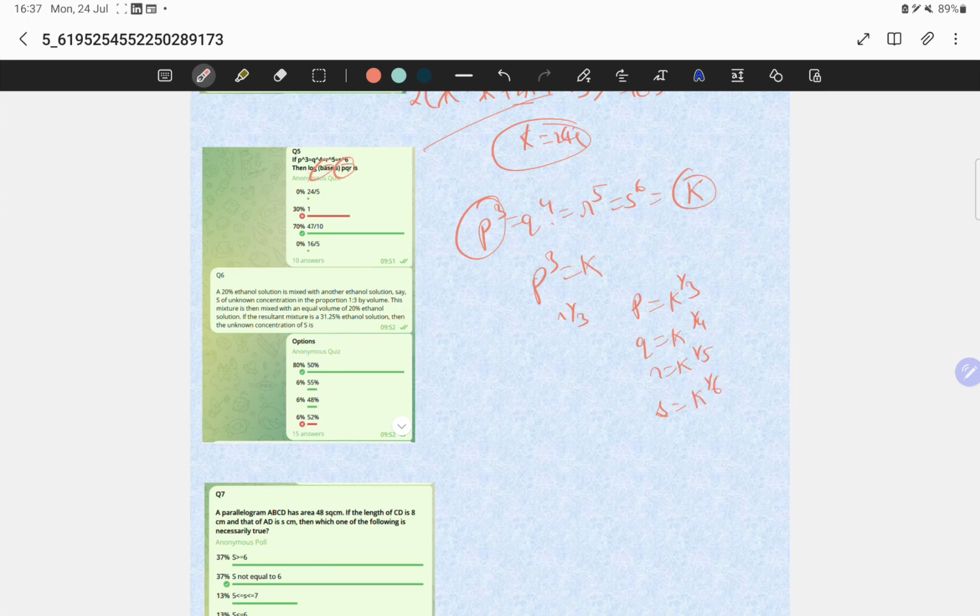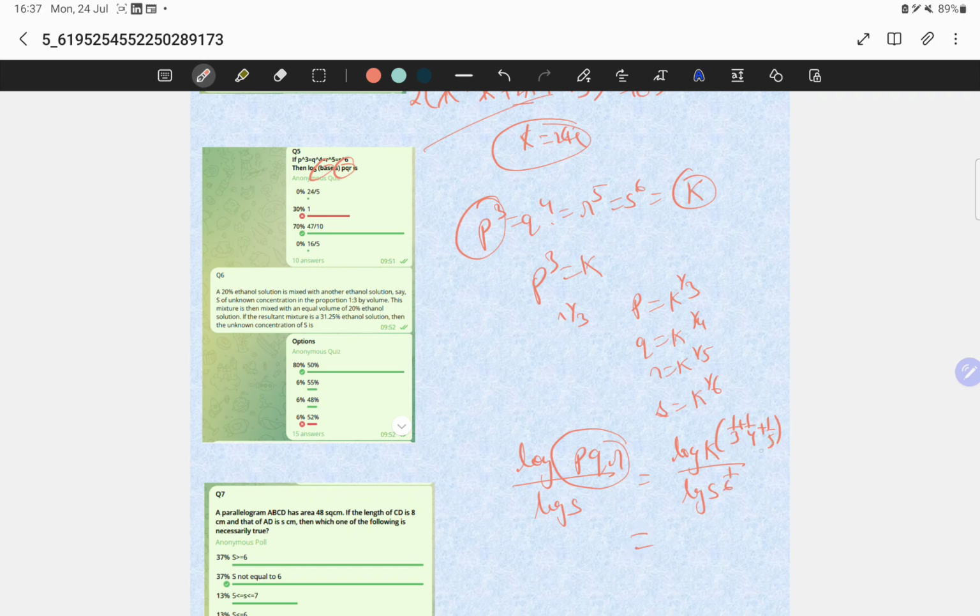The question is log pqr base s. So log pqr base s means it can be written as log pqr upon log s. Okay, so log pqr can be written as log k to the power 1 by 3 plus 1 by 4 plus 1 by 5, and log s is log k to the power 1 by 6. Now solve this.